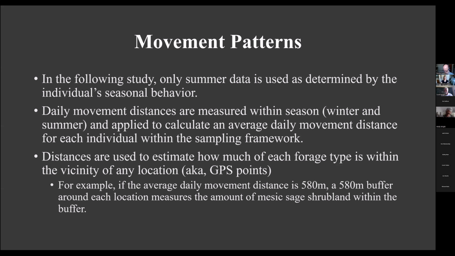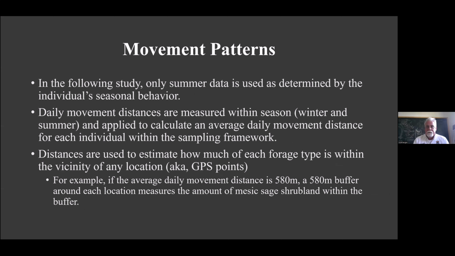For example, if they were going 380 meters, we'd draw a buffer around that GPS point, and then we would measure how much of a specific forage type, not all forage types, but just each one in particular, is surrounding that point that they selected to be in at that time.